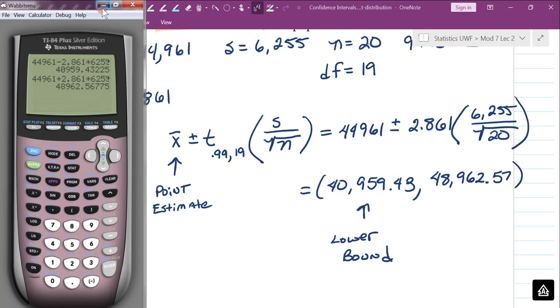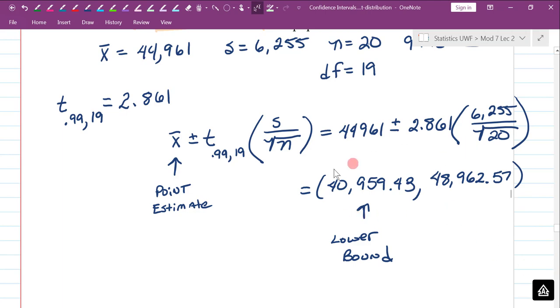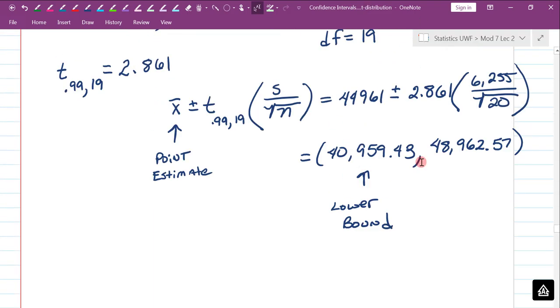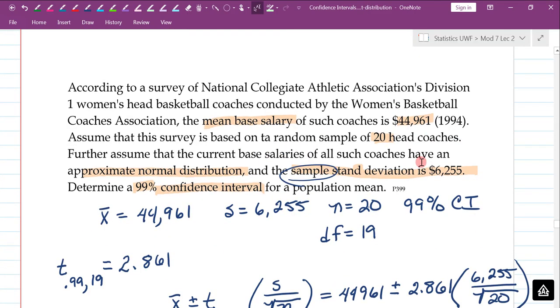Okay, so this is our confidence interval about the mean for the average salary for what was that? What type of coaches? Let's see here. National Collegiate Athletic Association Division I women's head basketball coaches. Okay, so in 1994 anyway.